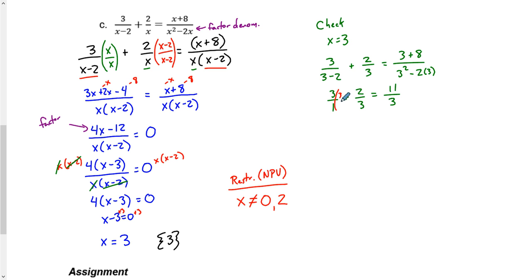This is the only one that's going to have to be multiplied by a 3 in the numerator and the 3 in the denominator to get something over 3. Three times 3 is 9. Well, what's 9/3 add 2/3? It's 11/3.